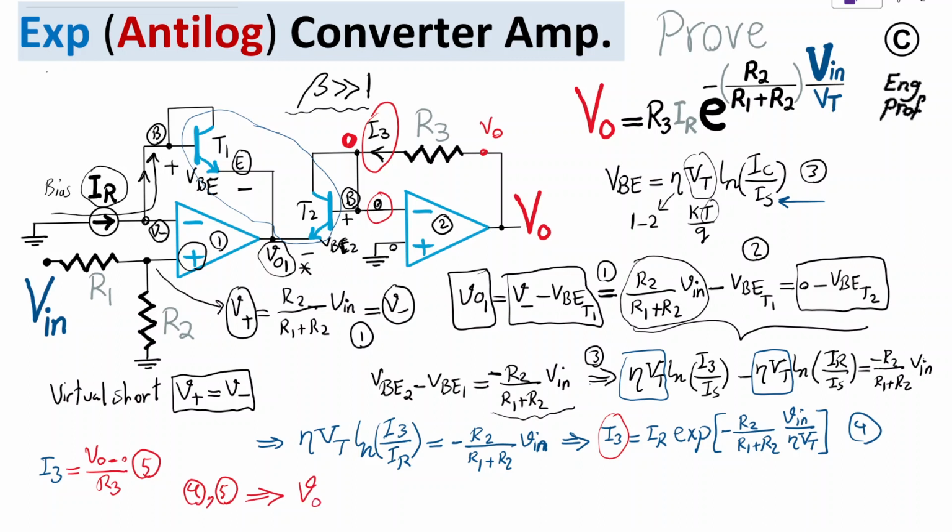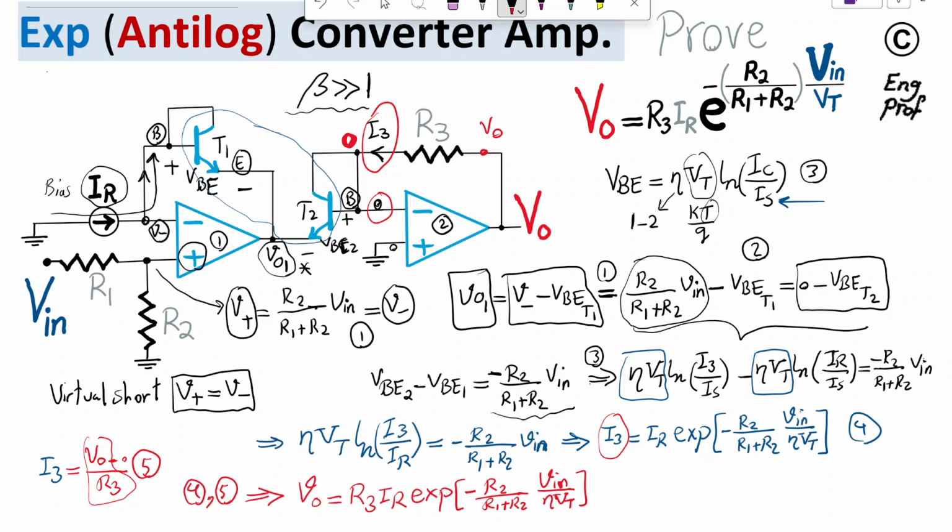So V out is equal to, therefore, as I said, substituting I3 with V out over R3, and then moving R3 to the other side, I get R3 times IR, then exp of, or e to the power, and exactly what we wanted to get, negative R2 over R1 plus R2, and then times Vn over eta Vt, in which, if we make the assumption that eta is actually closer to 1, then we get the result that is indicated in this problem.